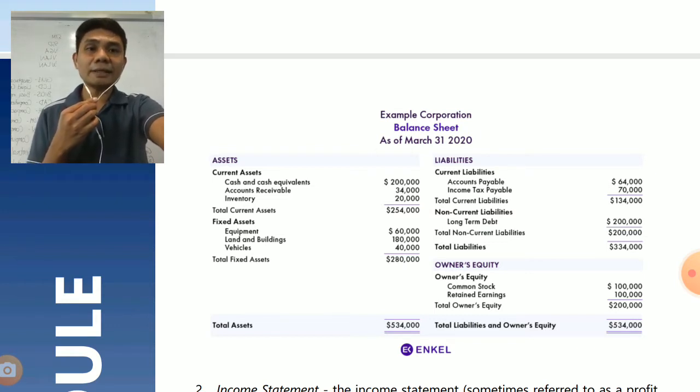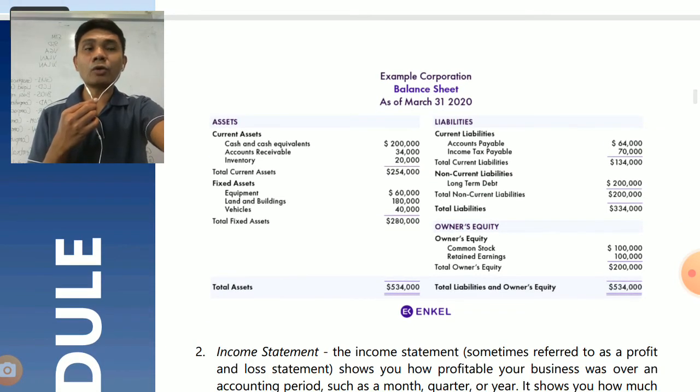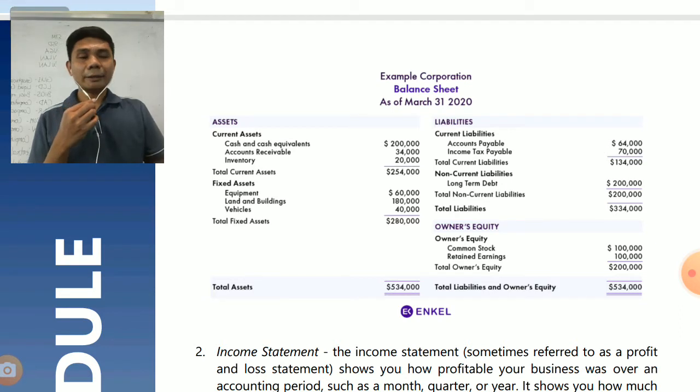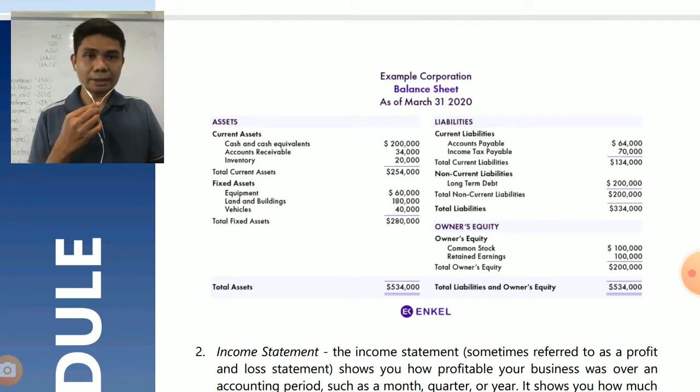Sa liabilities, these are the utang or the financial obligation of the business. Naay long term nga utang, naay short term, current liabilities nga accounts payable, interest payable, mga short term na. Pero kung naay mortgage, that's actually a long term loan or utang of the business.